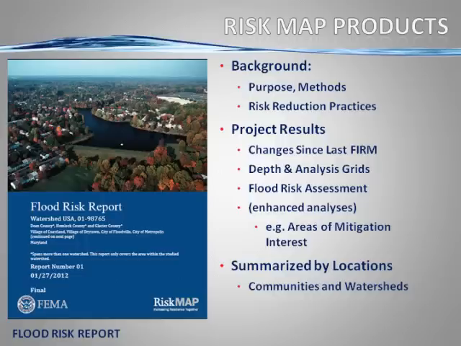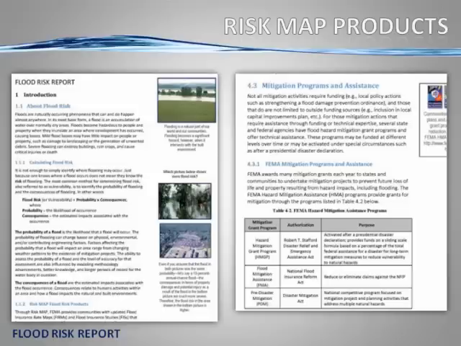It basically summarizes all the data sets based on the flood risk study. So this is what the actual report looks like from Risk MAP. It's a template that's provided to you based on the data that's provided to you as well. So you can actually create these yourself based on the template and all the data.